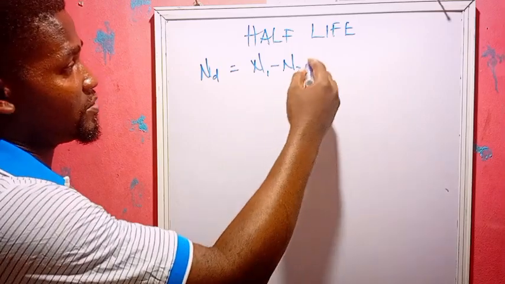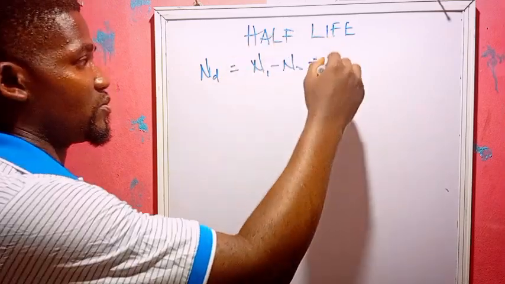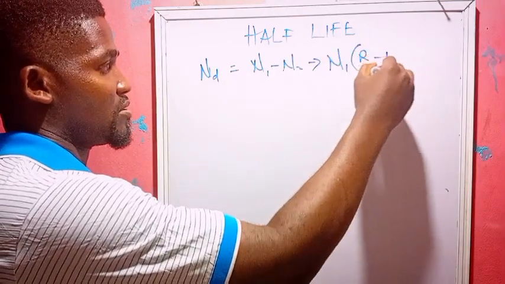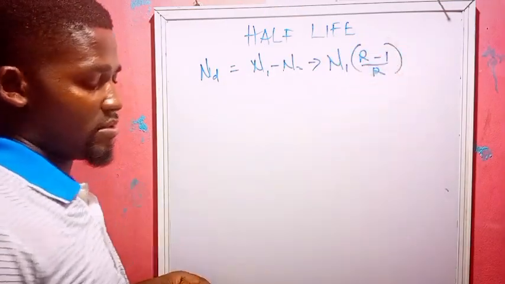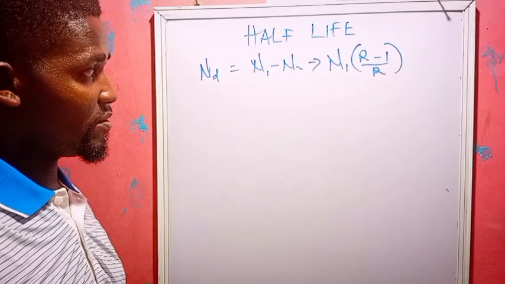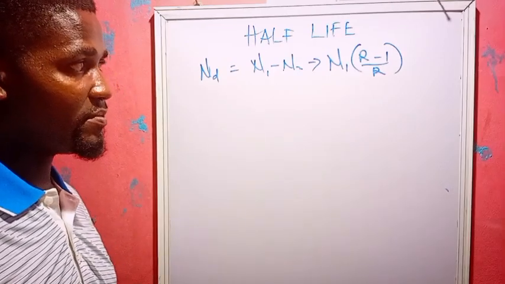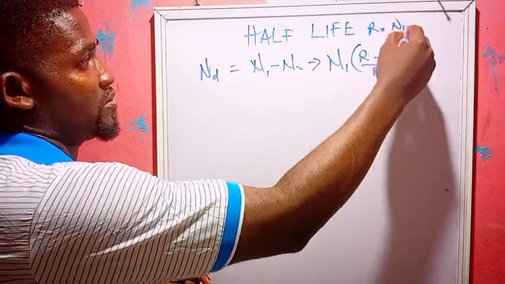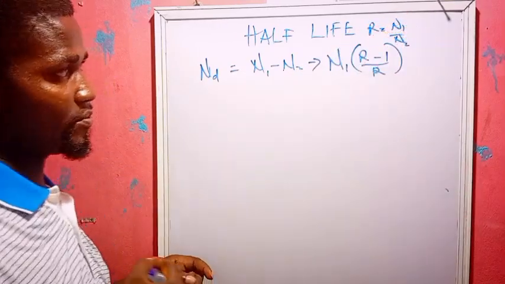This is also equal to N1 into bracket R minus 1 over R. We'll go ahead to prove this formula. Remember that R equals N1 over N2.